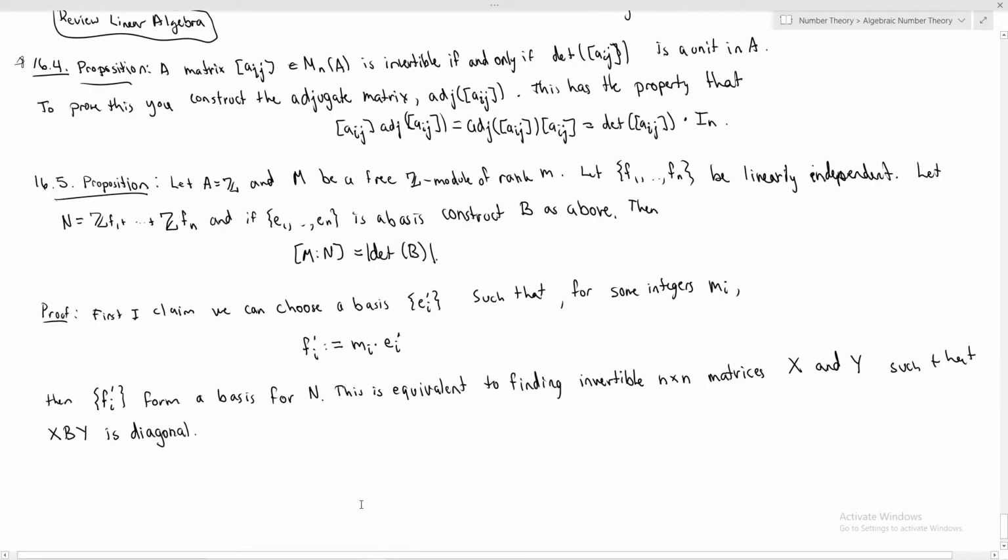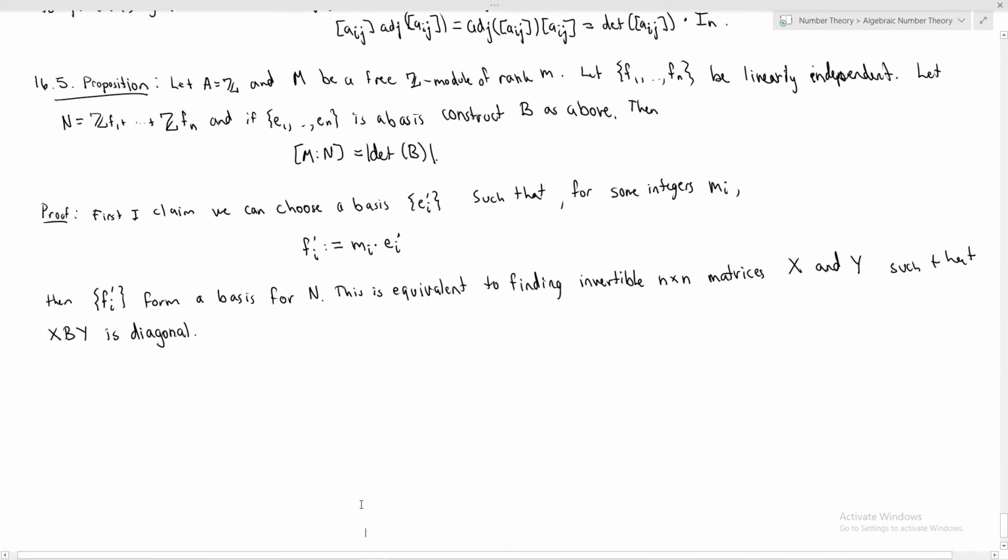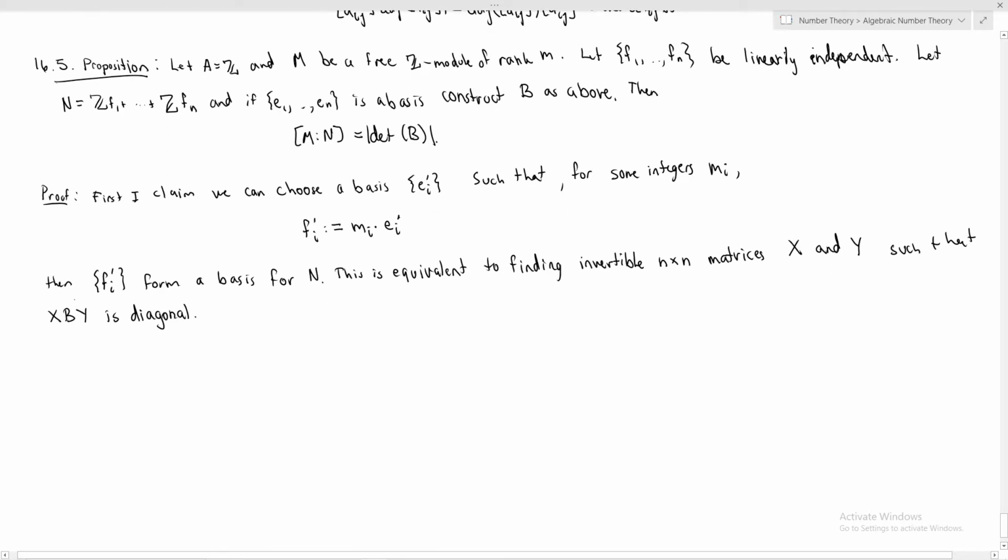Okay, so how do I come to understand this equivalence? Essentially, you should think of Y as a change of basis for M. So this is saying, take my ei and do some invertible transformation to get me a new collection of elements ei prime, or sorry, maybe I want to flip that around.